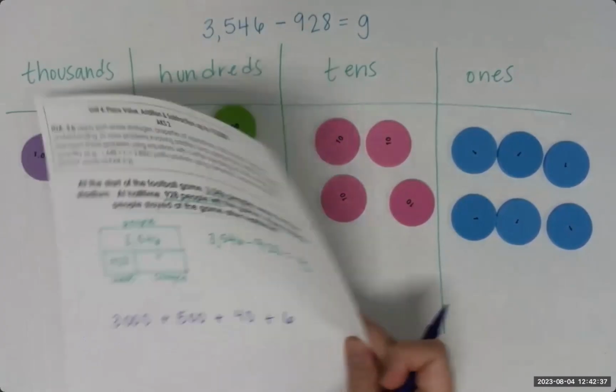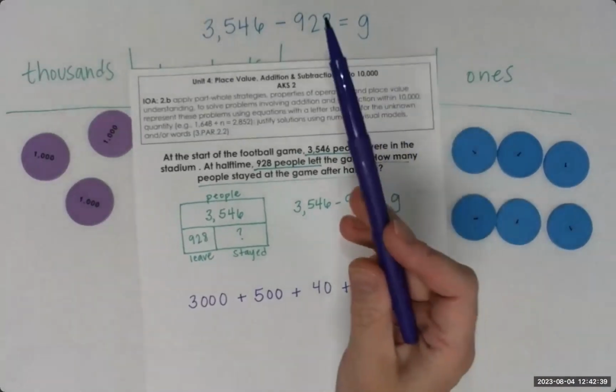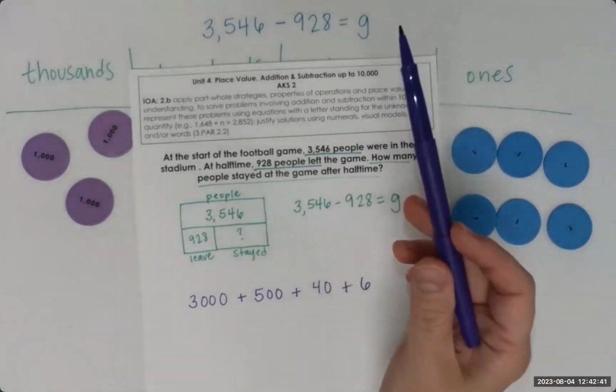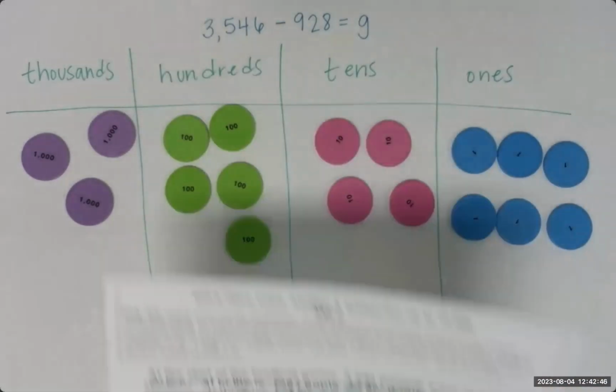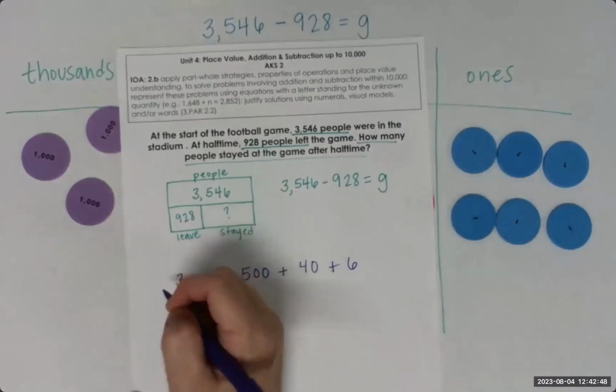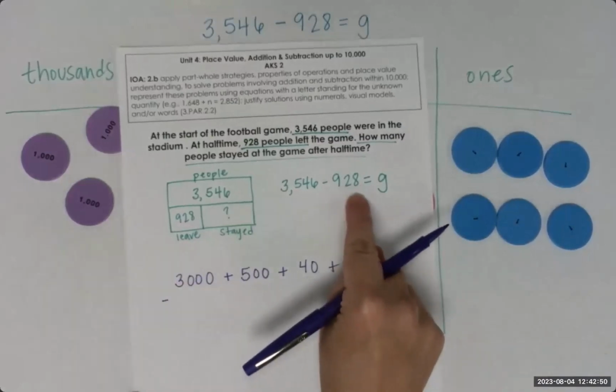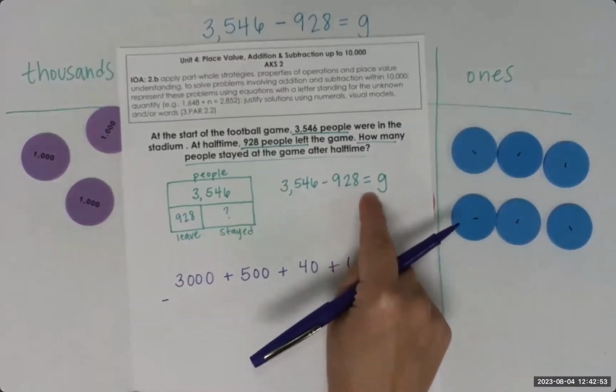Okay, now I'm going to be subtracting 928. So instead of building 928, I'm going to be removing 928. So I'm just going to go ahead and show that expanded form because I am going to take away in parts, right?